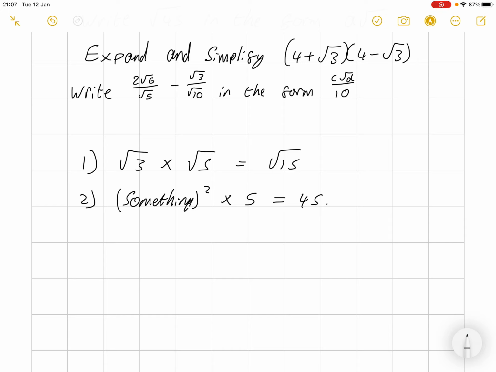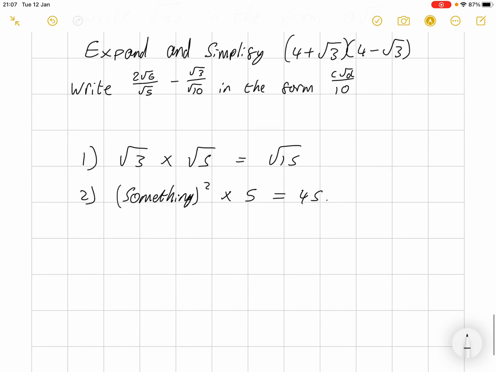What is this something? This something is equal to 9 because 45 divided by 5 is equal to 9, and conversely 45 divided by 9 is equal to 5.